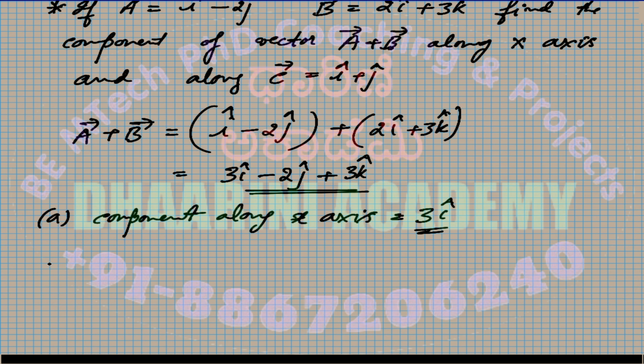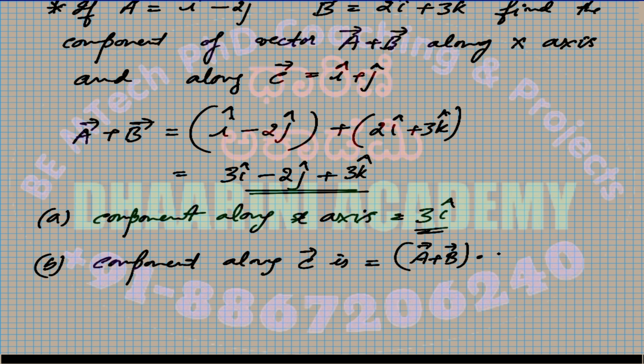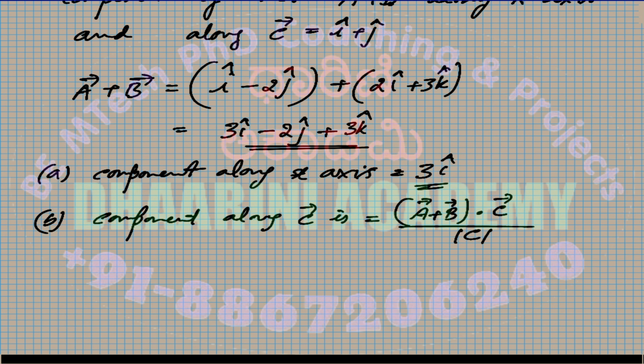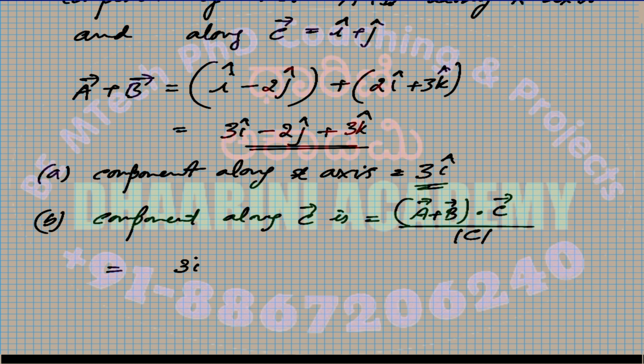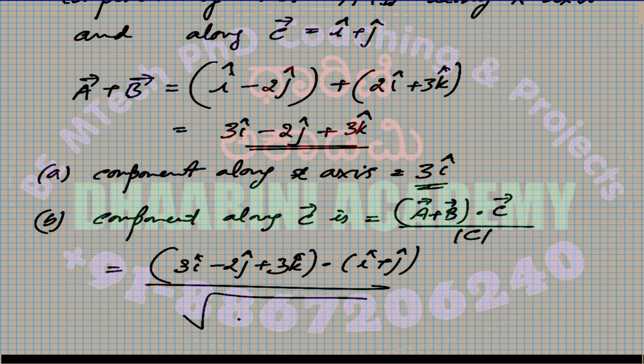So component of any vector along any other vector can be found by taking a dot product and dividing by the magnitude. So 3I minus 2j plus 3k, which is A plus B, dotted with the C vector I plus j, divided by the magnitude of C, which is the square root of 1 square plus 1 square.